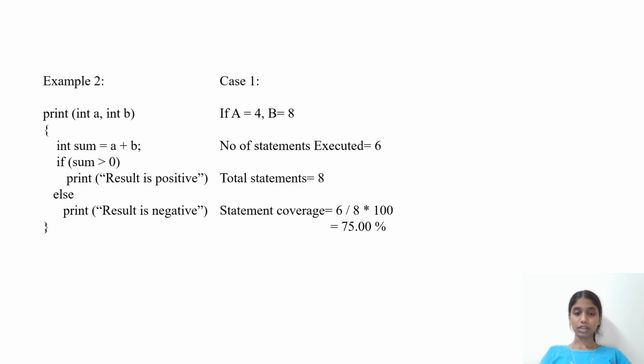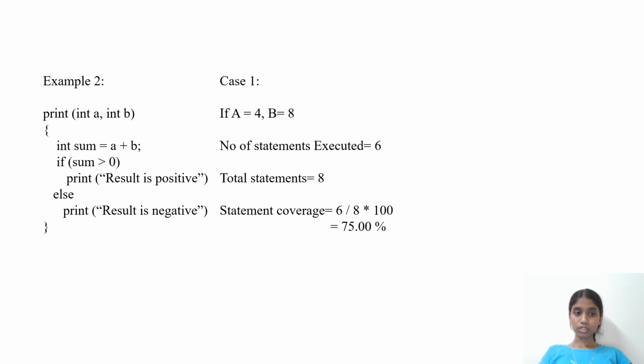So case 1, if A is 4, B is 8, the total number of statements executed are 6. How? First, this function will be executed, that is int A, int B, which will be accepting the A and B from the user. So 1, 2, 3. Sum is 4 plus 8, which is 12. So sum is greater than 0, obviously it is positive.